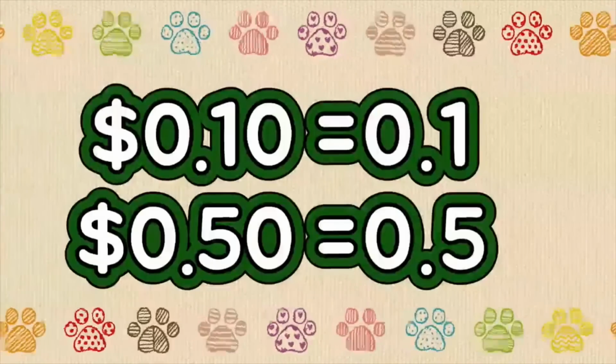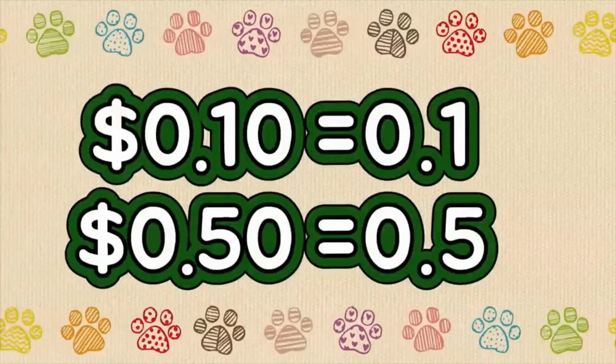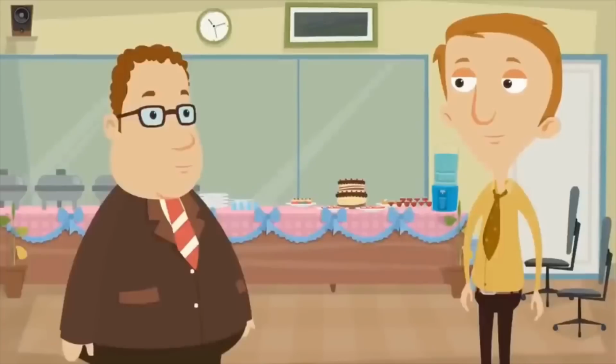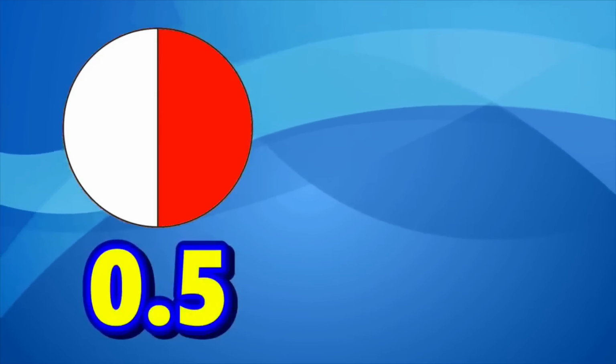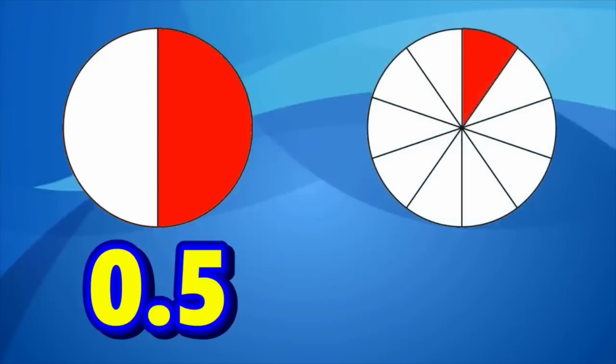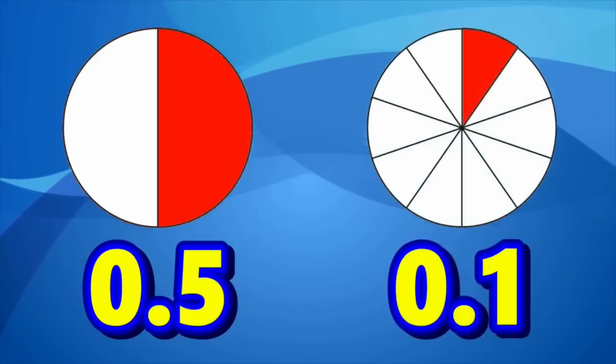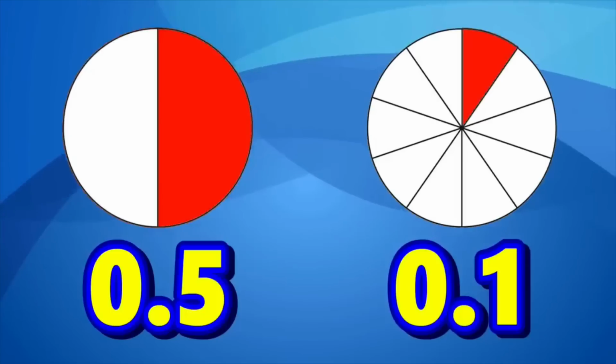We just include that extra 0 because we are showing 10 cents here and 50 cents here. Okay, so this circle shows us 0.5, or 1/2. This circle shows us 0.1, or 1/10. It's evenly split into 10 parts, and only one part is colored in.